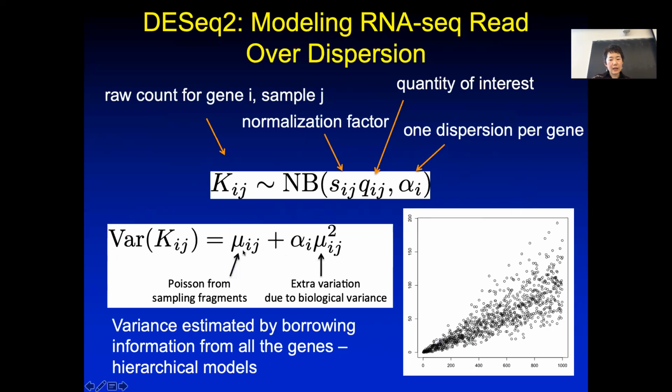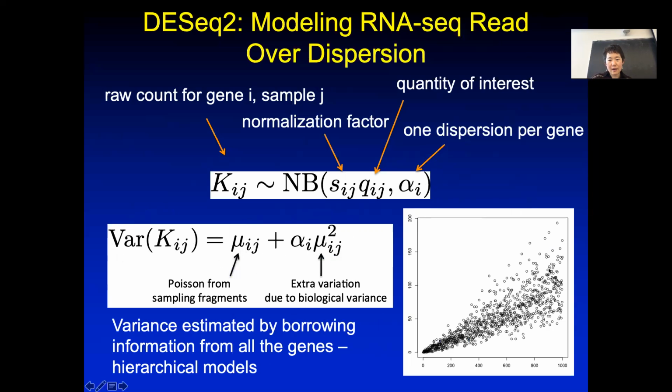However, since the RNA-seq reads have more noise, you use this little dispersion parameter to say, as the expression level increases, we use this squared multiplied by a little factor to estimate the actual variance.